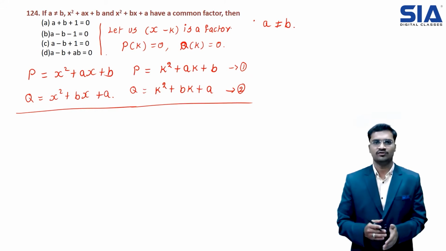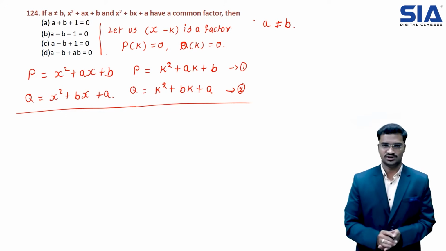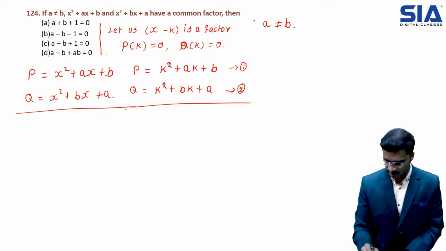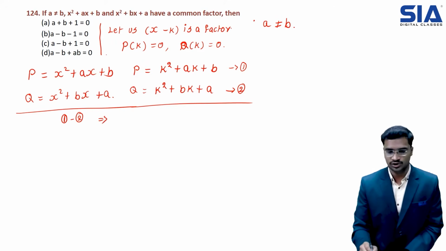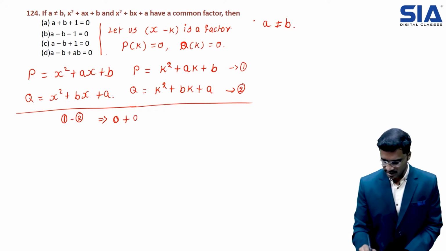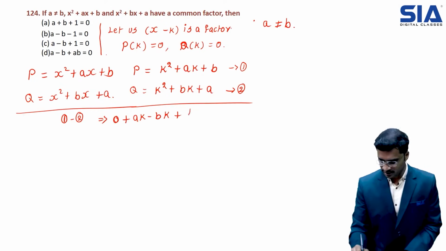So what we have to find is to show any of these results. Let us subtract, 1 minus 2. So 1 minus 2 is k square minus k square, which is 0, plus ak minus bk plus b minus a.